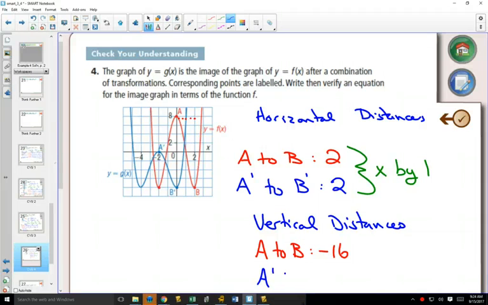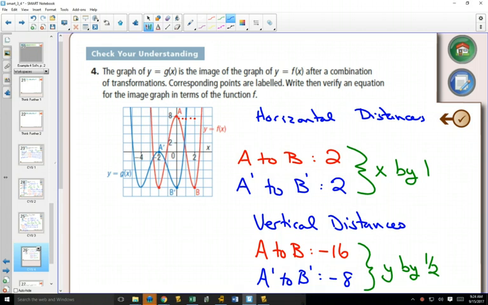From A prime to B prime, we start at 0 and go down to negative 8. So there has been a vertical compression. To get from negative 16 to negative 8, you would have to multiply y by a half. So in the last question, we were done at this point. We could write our equation and we would be done.